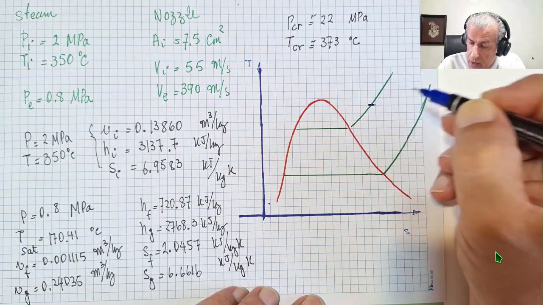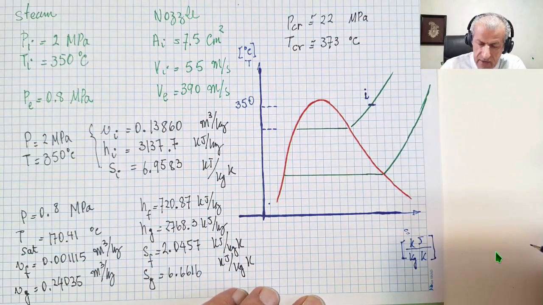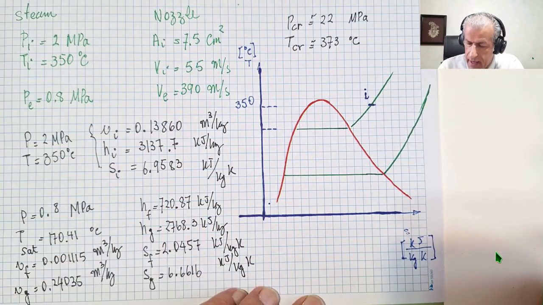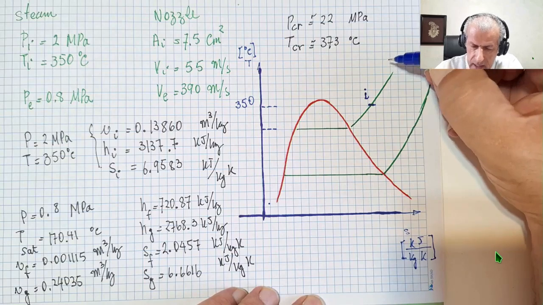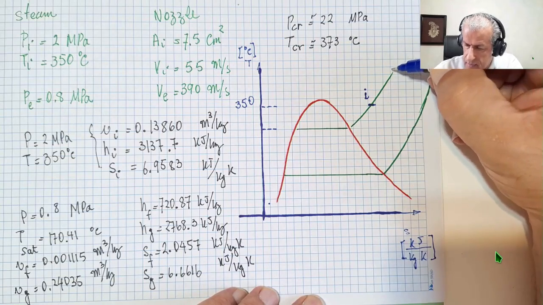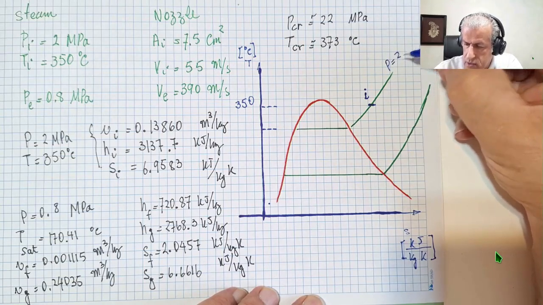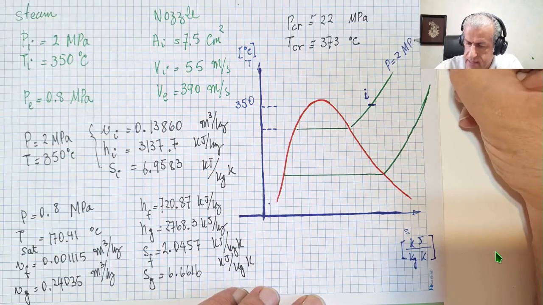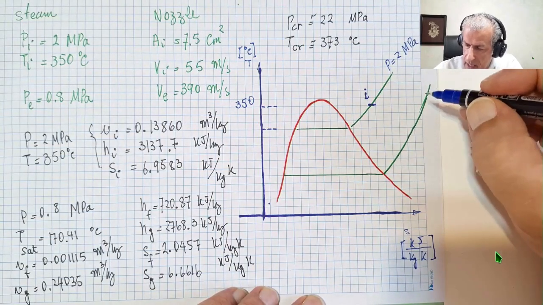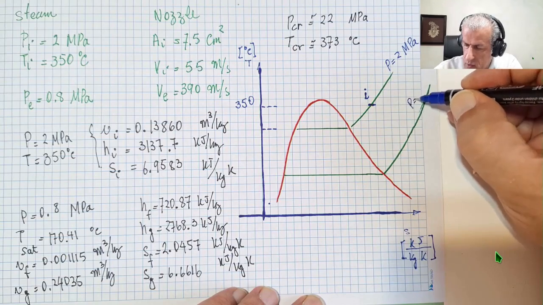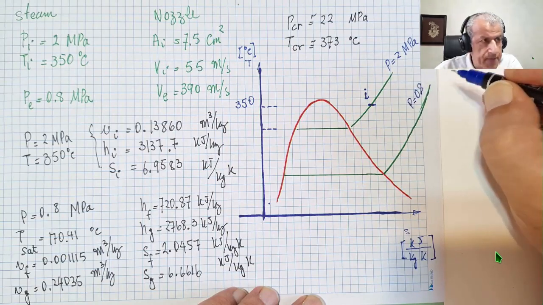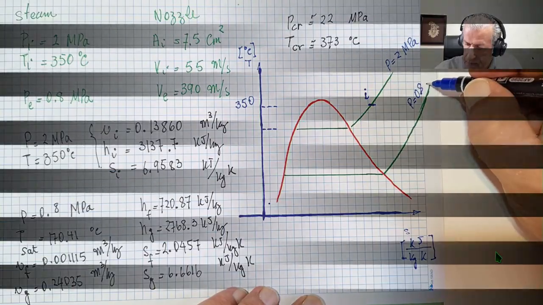So if I put point I, since we have put I as the entry point, and this pressure line is 2 megapascal. Here P equals 2 megapascal, and this pressure line P equals 0.8 megapascal.